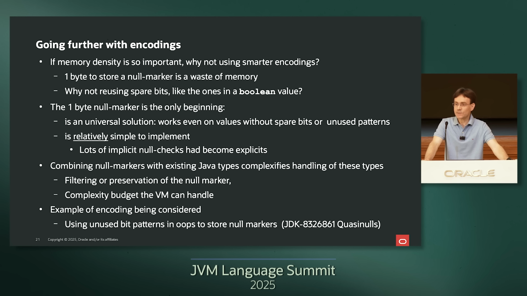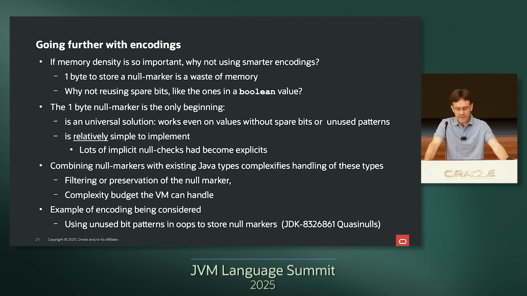We had a lot of implicit null checks, for instance, just relying on protection of the first page of the process to detect null pointers and delegating all the null pointer handling to the signal handler. All those implicit null checks now have to be explicit. We have to check if the value has a null marker, where it is, and we have to test it.